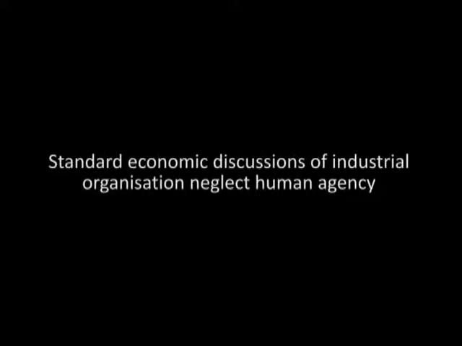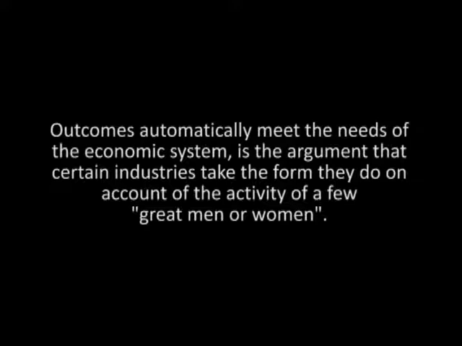Standard economic discussions of industrial organization neglect human agency since they assume that industrial structure is an inevitable and efficient consequence of existing technology and market conditions. At the opposite extreme from this functionalism, in which the activity of individuals is irrelevant because outcomes automatically meet the needs of the economic system, is the argument that certain industries take the form they do on account of the activity of a few great men or women.